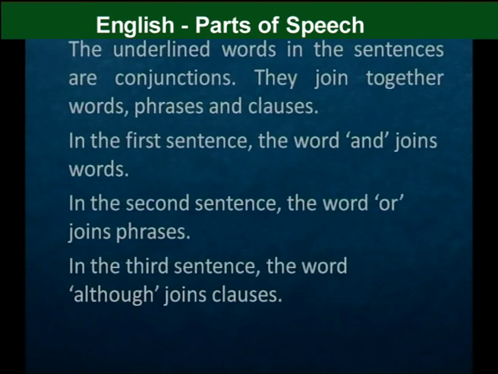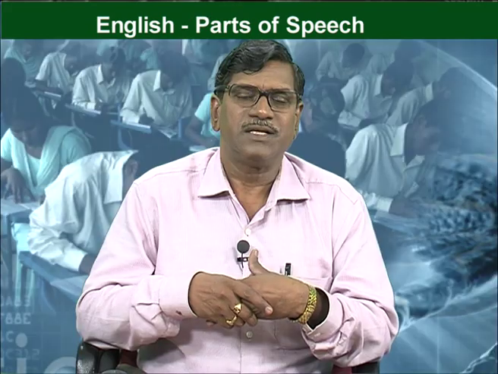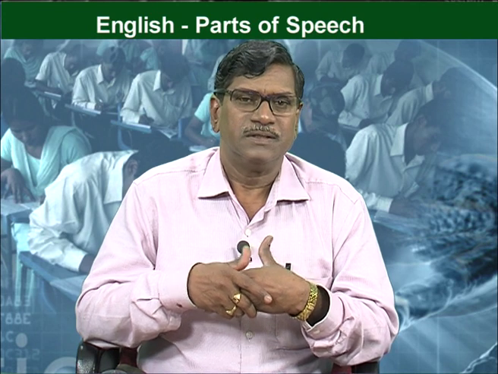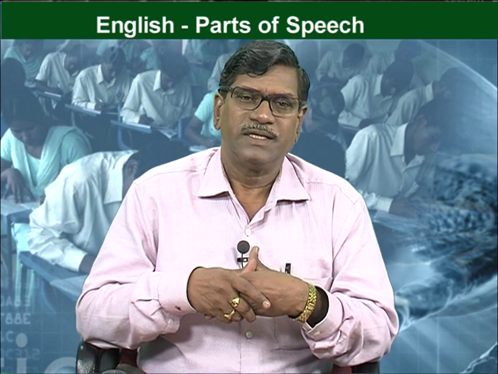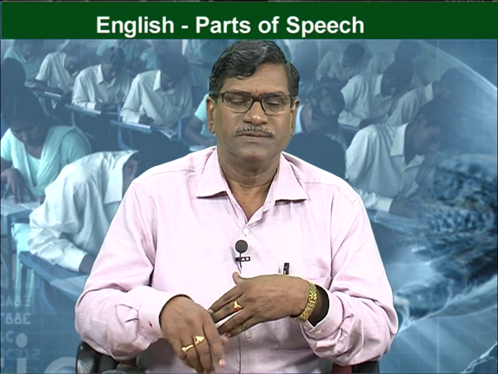And in the third sentence, the conjunction joins together clauses. So, that is why we can say that a conjunction is a word which is used to join together words, phrases or clauses. After conjunctions, we move on to the last variety of words, that is interjections.